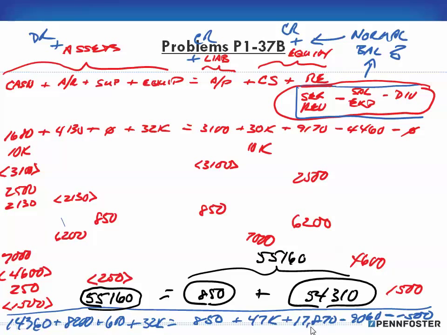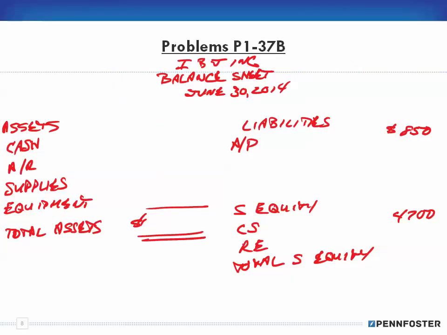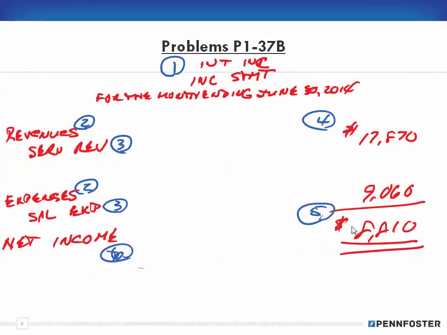And for the total retained earnings, that's this 54,310 amount, right? Because why? We're closing out all of the revenue and expense accounts. Right? So this is 47,000, and this here is, oops, sorry, got that wrong.